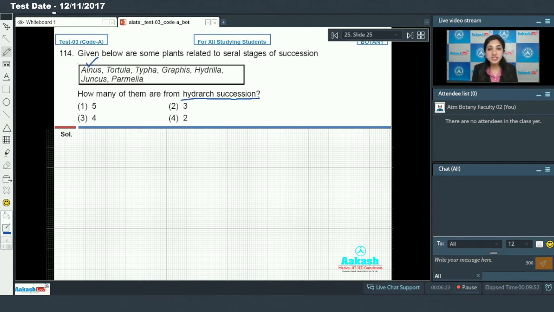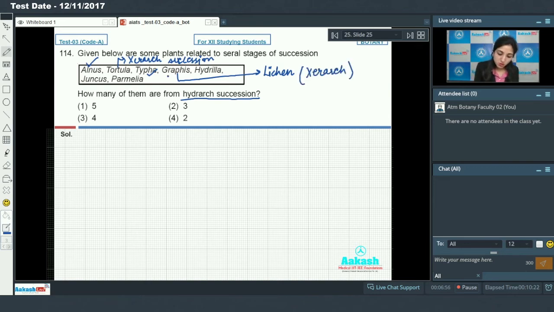Tortula belongs to the moss stage of xerarch succession, so this is ruled out. Typha, correct. Graphis is the type of lichen which belongs to the pioneer community in the xerarch succession, so this is also ruled out.